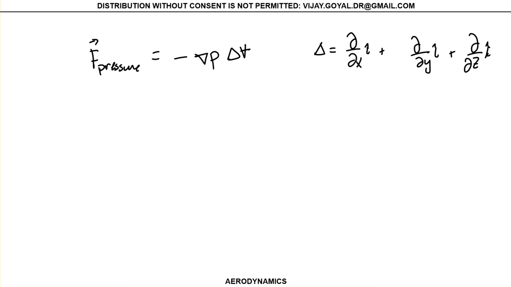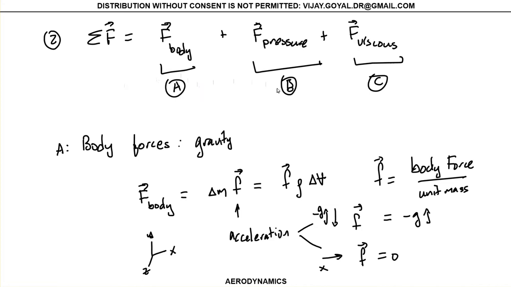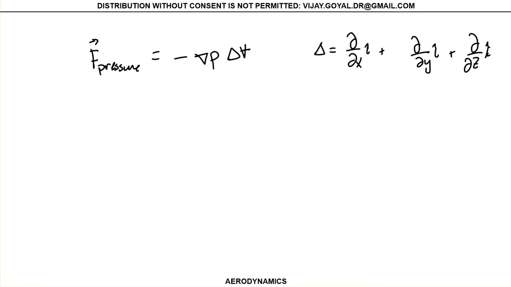So now we are done with part B. Let's go to C, the viscous part. The viscous part is important because remember your fluid is going to be hitting a wall, so it can have viscosity, right? It can have friction, and the friction is what brings the viscosity into play.